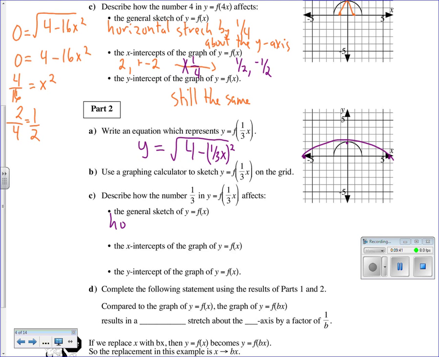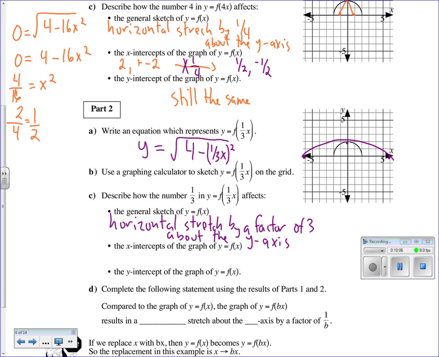So a horizontal stretch by a factor of 3 about the y-axis. That's the axis that remains the same.